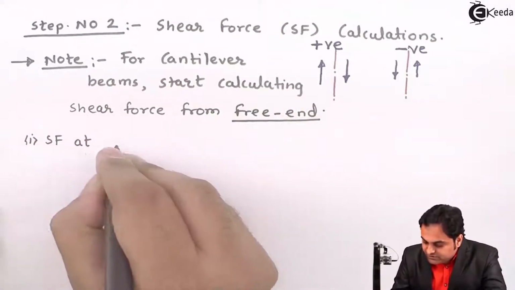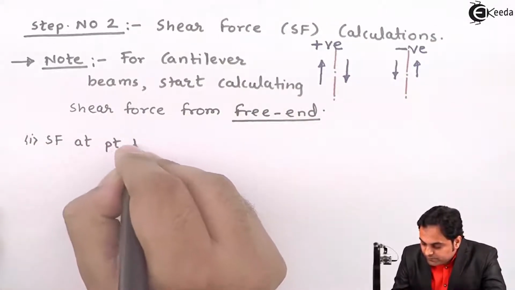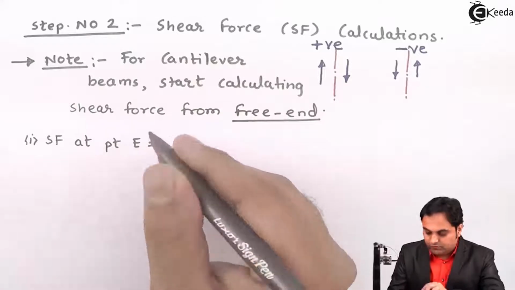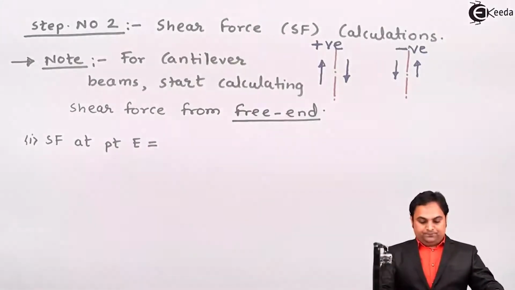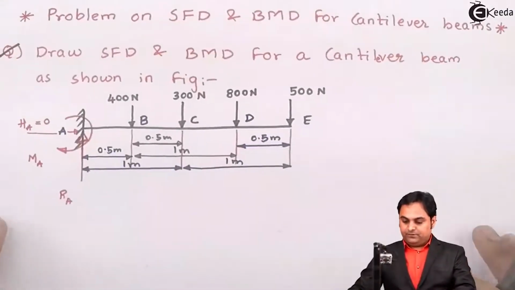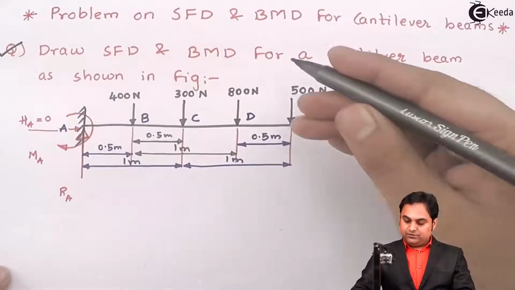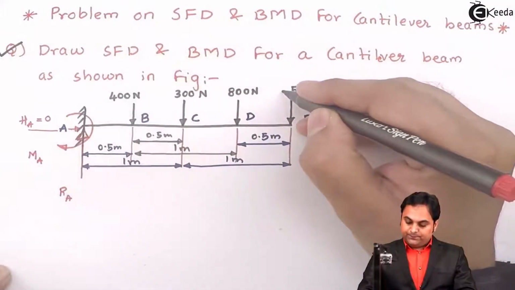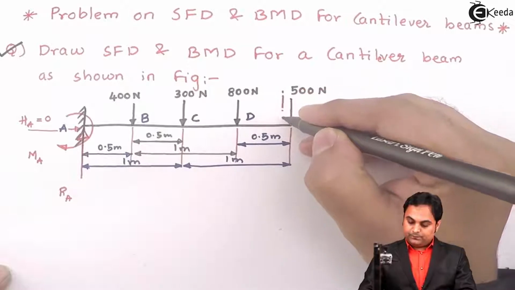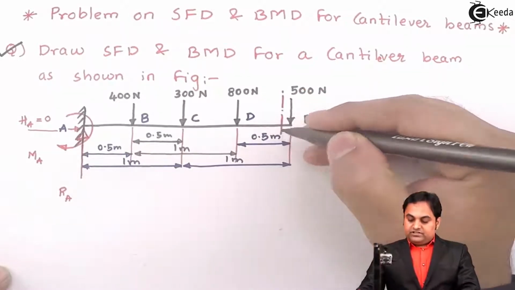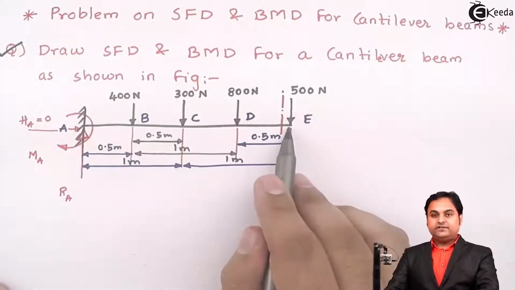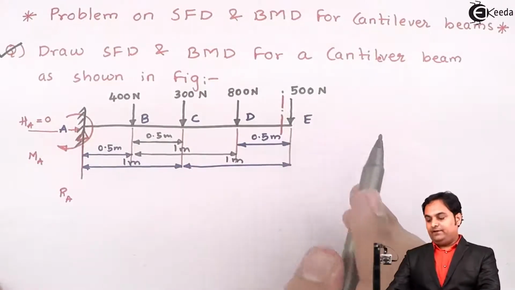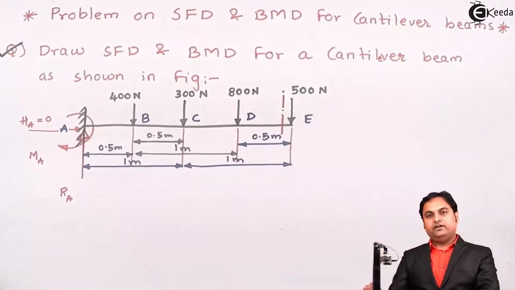So SF, that is shear force at point E, is equal to, onto the beam diagram. Now I take the section to the right of E. On the right hand side of E, there are no forces.